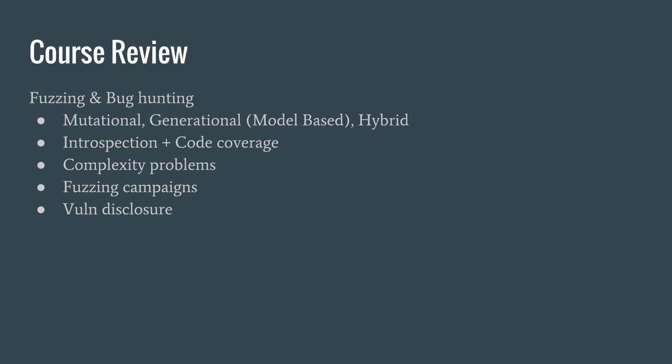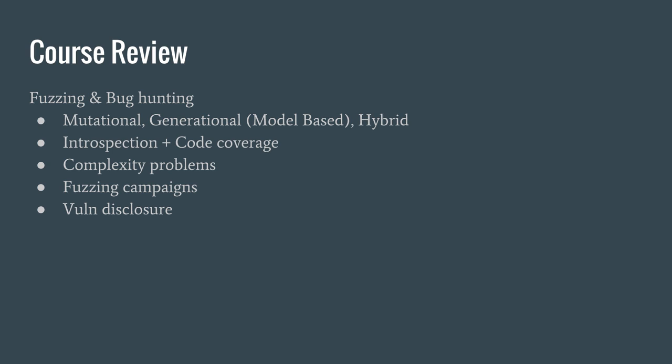We then moved on to cover fuzzing and bug hunting. So we covered mutational, generational, and hybrid-based fuzzing. We discussed introspection and code coverage and the test case explosion problems and challenges and the complexity issues.